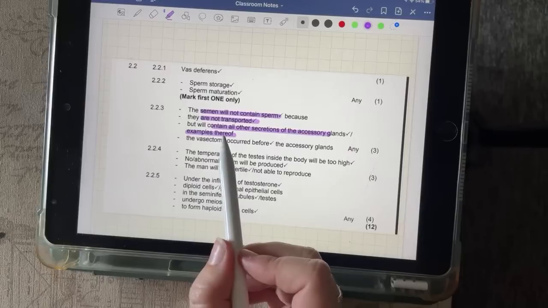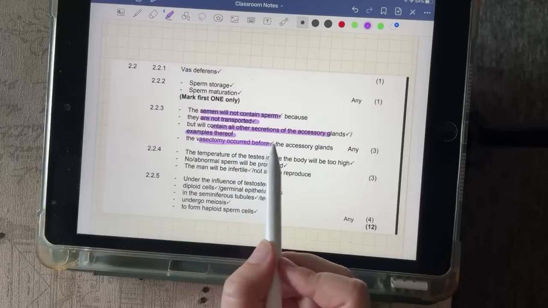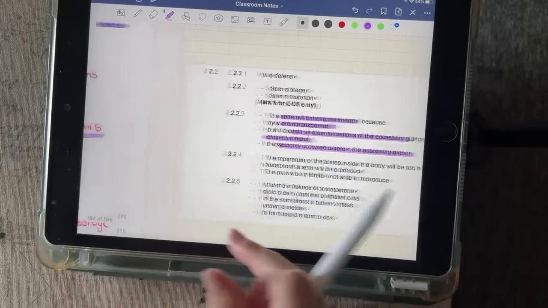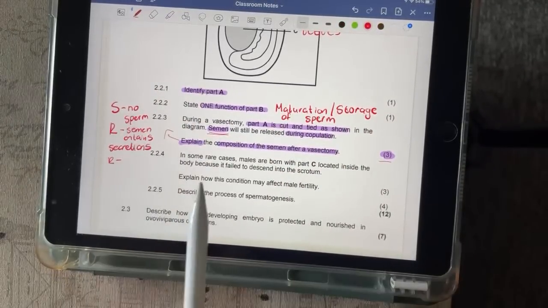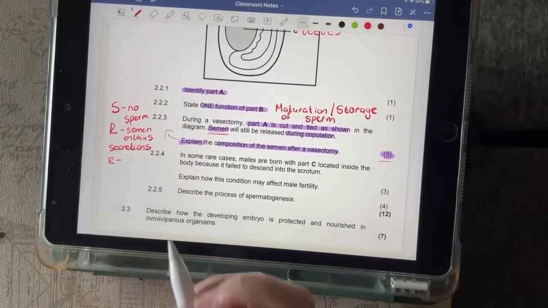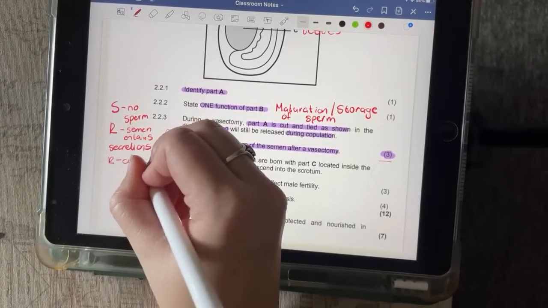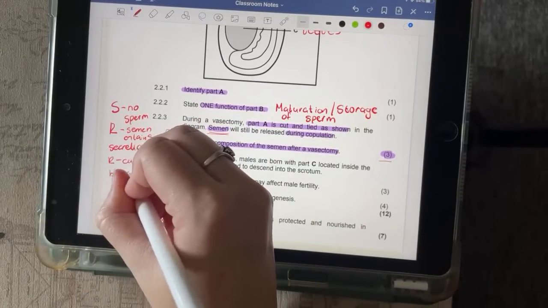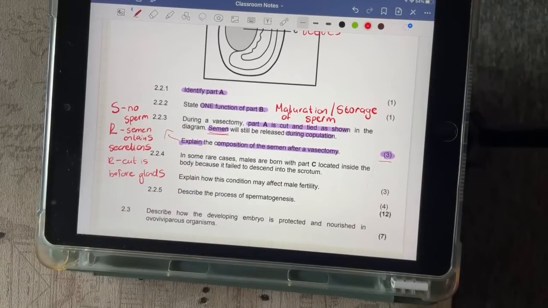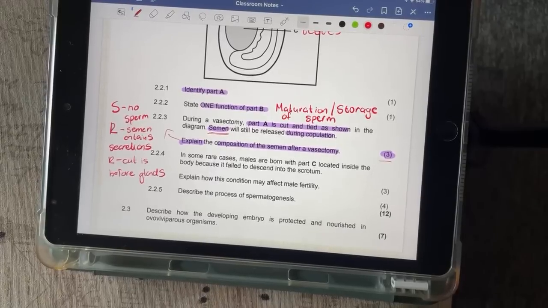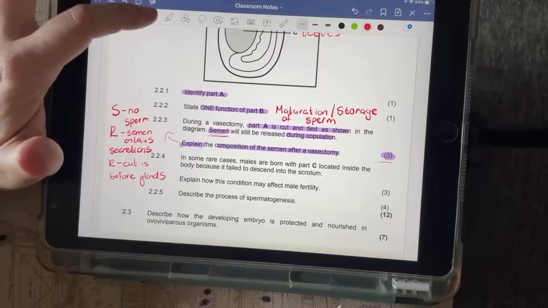Basically, that means you can say the prostate gland, the seminal vesicle, and the vasectomy occurred before the accessory gland. So what they're saying is, if I just go back here, your other reason could be no sperm. Semen still contains secretions. Why? Because the cut is before the glands, which are all the structures secreting everything. Okay, righty then. Lovely.